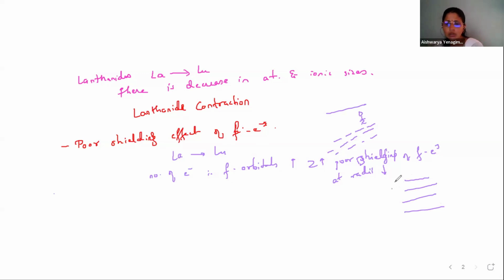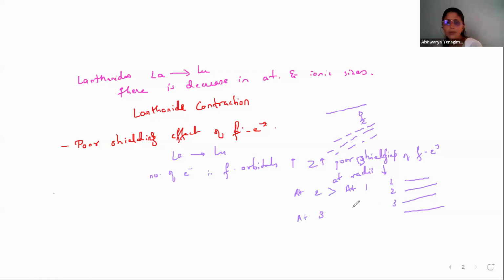The atomic radii of series 2 is comparably more than the atomic radii of series 1. But when you see series 3 and series 2, the atomic radii of series 3 is not very much more.